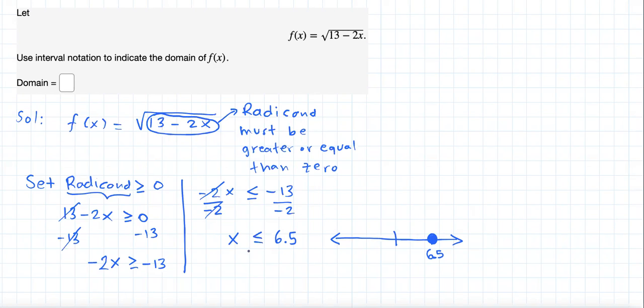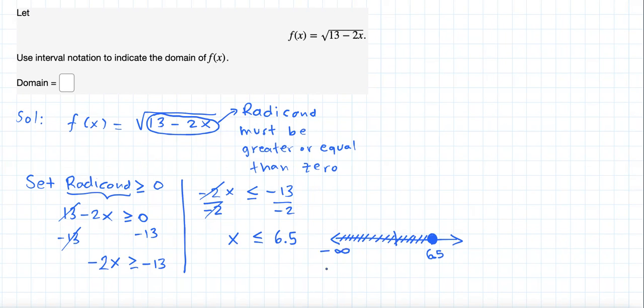And now follow the direction of the inequality and shade everything to the left of this number. This is where the numbers less than 6.5 are, all the way to negative infinity, which lives here.